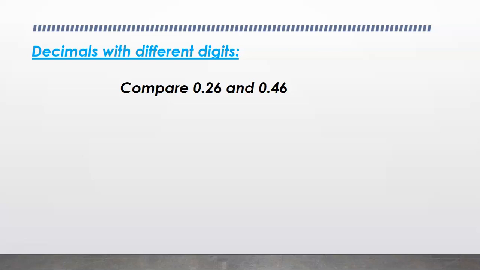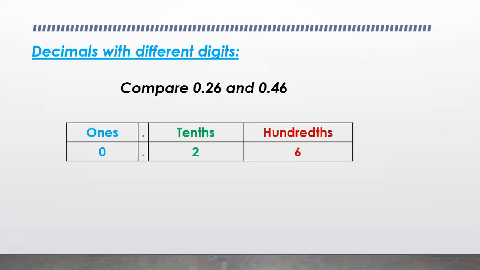Okay. There's another way for decimals with different digits. Here I put the decimals in place values. I make a table with the place values. First ones, then the decimal point, tenths, hundredths. Okay, then the first number here is 26 hundredths and the second is 0.46.